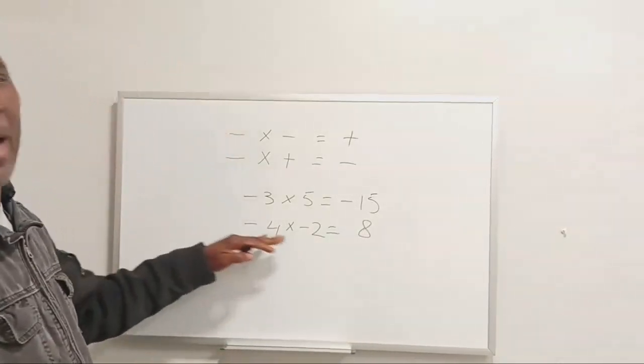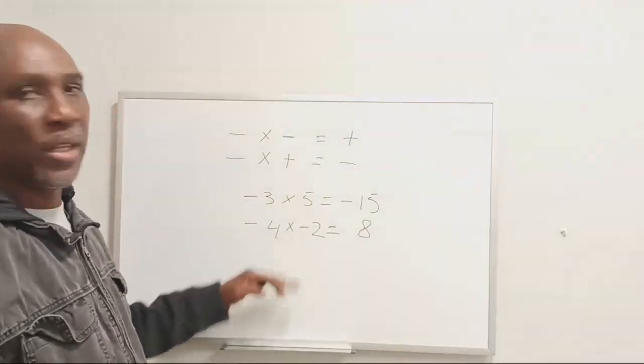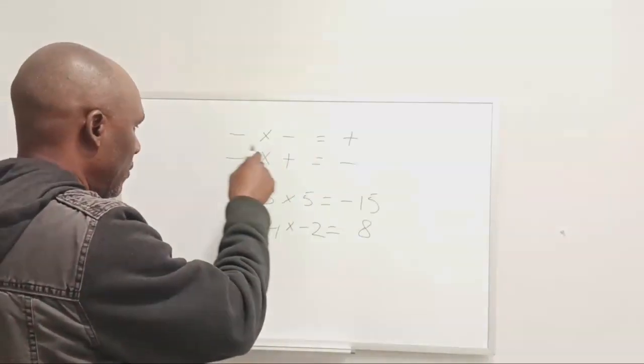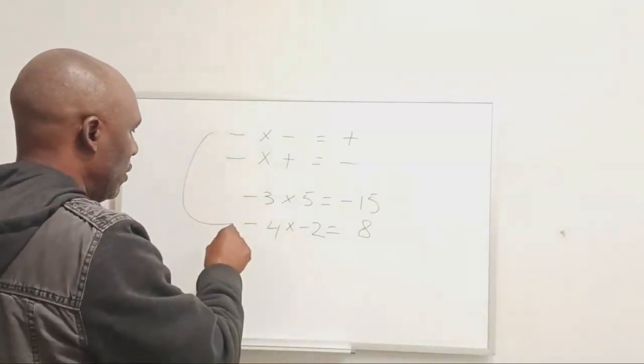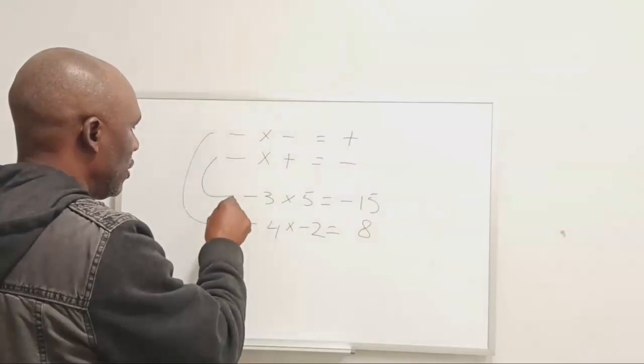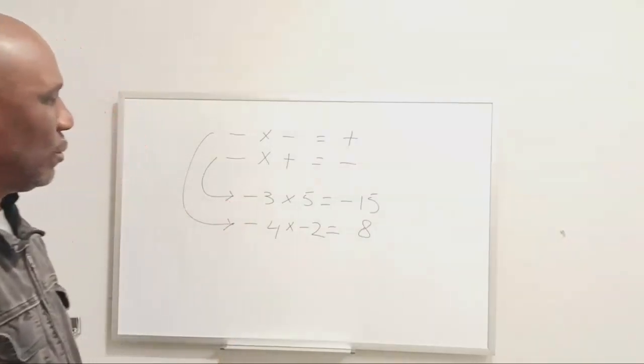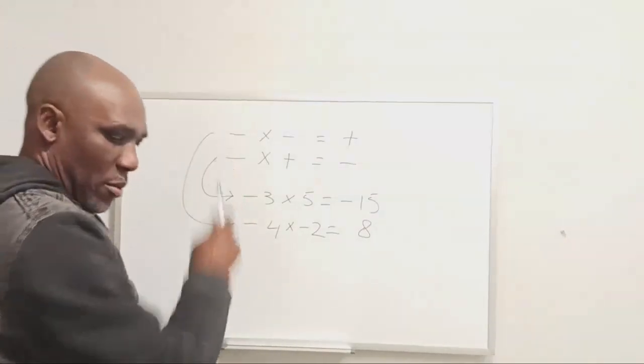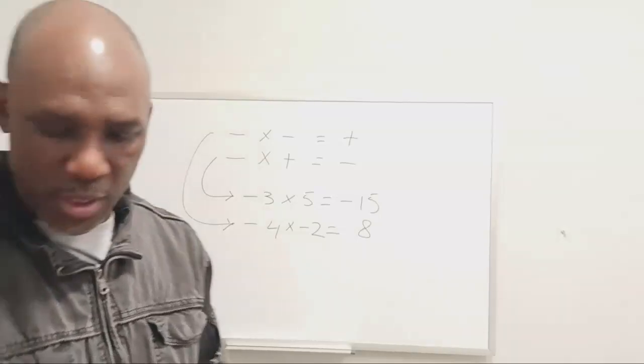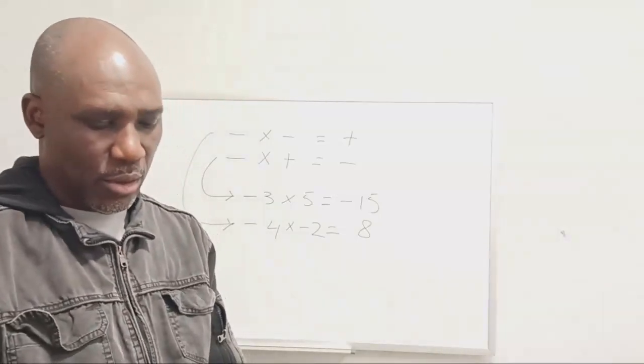This is all you have to understand about this thing. So this one goes here, this one goes here. So maybe I should write it down in letters so you can understand.